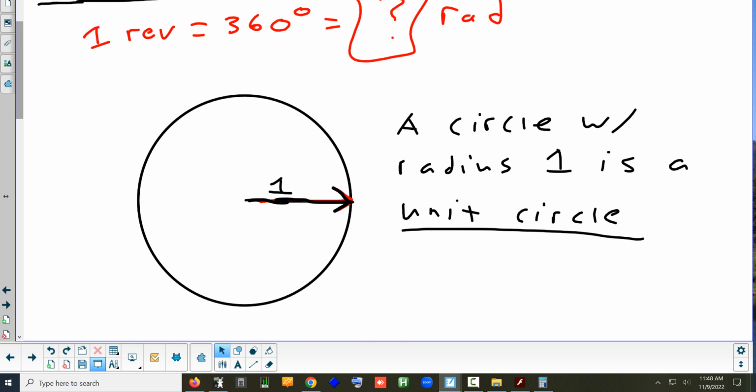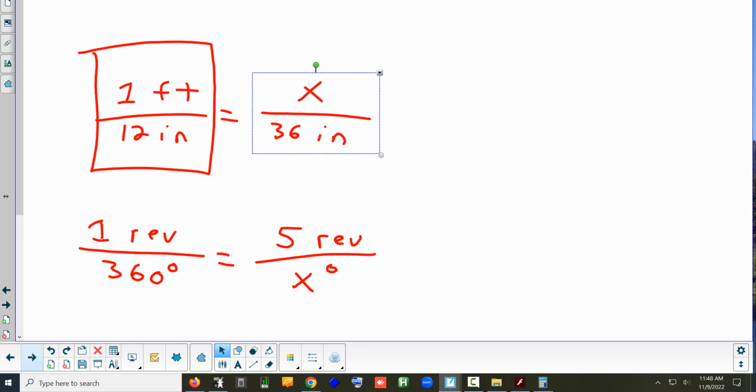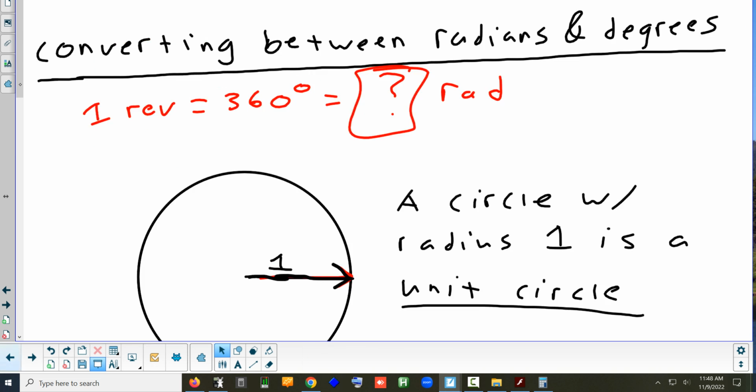Now, just because I'm using a special circle to figure this out doesn't mean I can't generalize this. It's going to be the same idea. We just need to figure out some connection between degrees and radians. Any connection on any circle, just something.